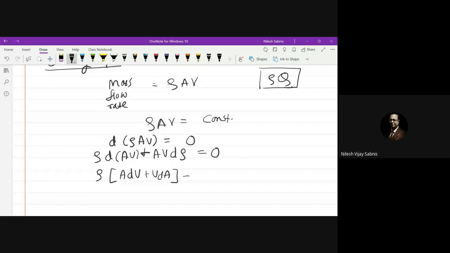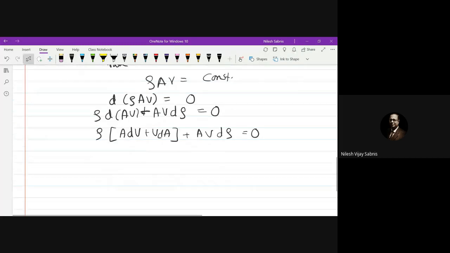Altogether we get rho A dV plus rho V dA plus AV d rho is equal to 0.